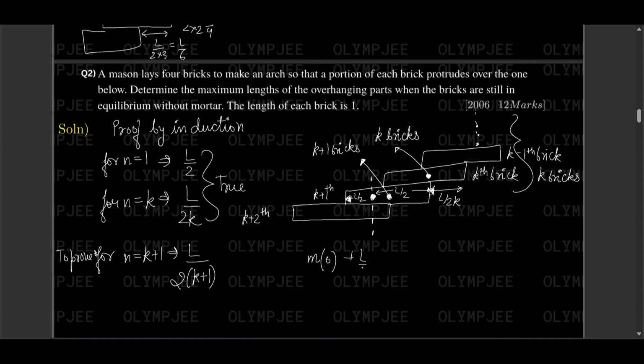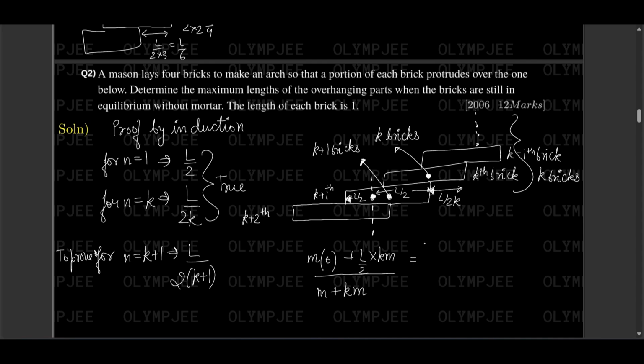So L by 2 multiplied by km, divided by m plus km, the mass of this brick and the mass of the group of k bricks.